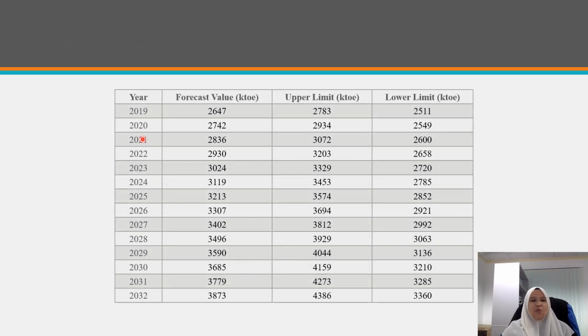Now I provide all the data from 2019 until 2032 of the forecasted value, and also the upper limit and the lower limit. So this is for reference in the future.